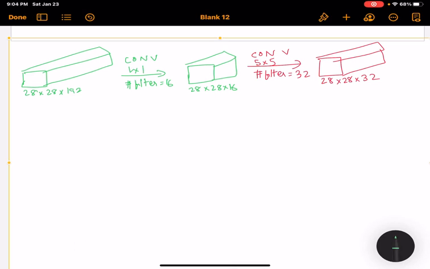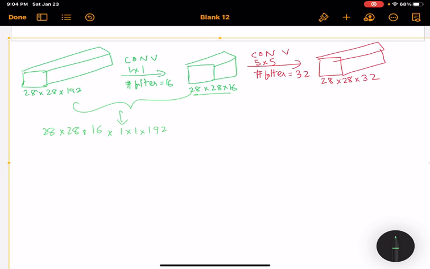In this case, my output is 28 cross 28 cross 16, which means I have 28 cross 28 cross 16 numbers to compute, and for each of them I need to do 1 cross 1 cross 192 multiplications.